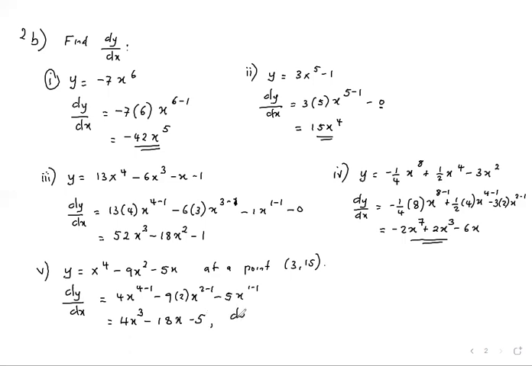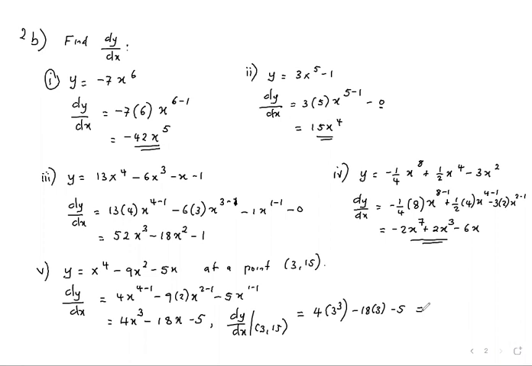Evaluating this at the point (3, 15), where there is x, we'll put 3: 4(3)³ minus 18(3) minus 5. Ideally, we must get 15.